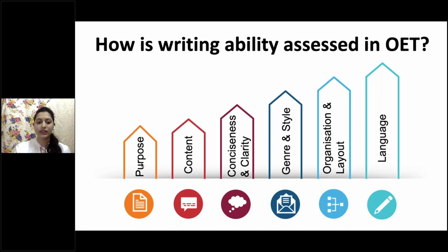So next one, content. So purpose is the only criteria that's assessed out of 3. Content and the rest will be assessed out of 7. So you will need a 5 out of 7 in the rest of these other criteria to get a grade B. So content is whether all the necessary information is included and if it is accurate for the reader, and if you were able to sieve out the irrelevant information.